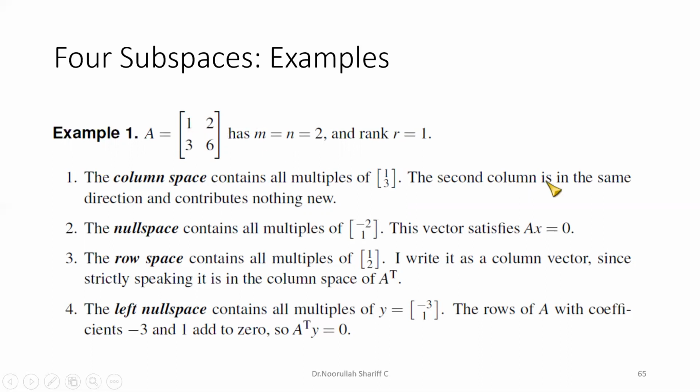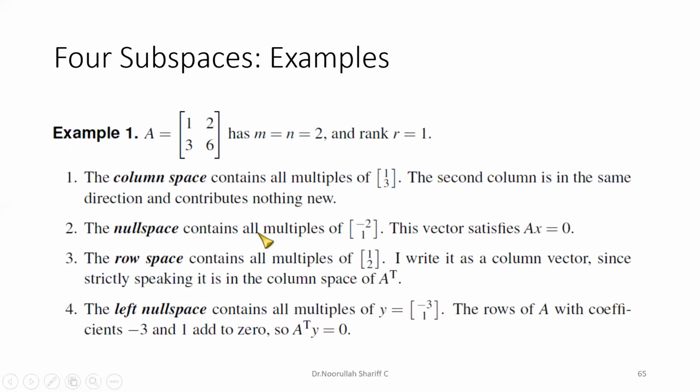The second column is in the same direction and contributes nothing new, because it is just a multiple of the first one, so it is in the same direction as column 1.